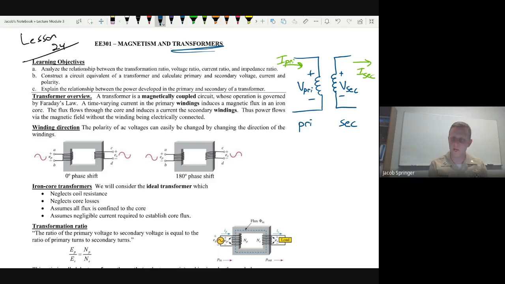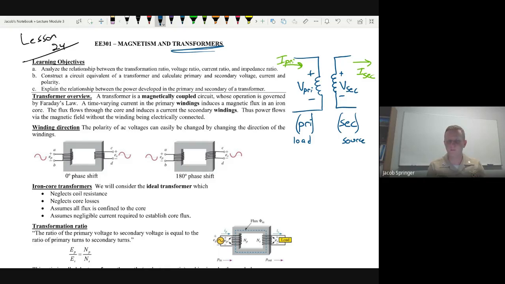So on the primary side, as the current's coming from an AC source, it's acting like a load, but then this new current coming out on this side is acting like the source. It's the voltage rise on the secondary side. But the main thing that we're going to stick with is primary and secondary side of these windings.